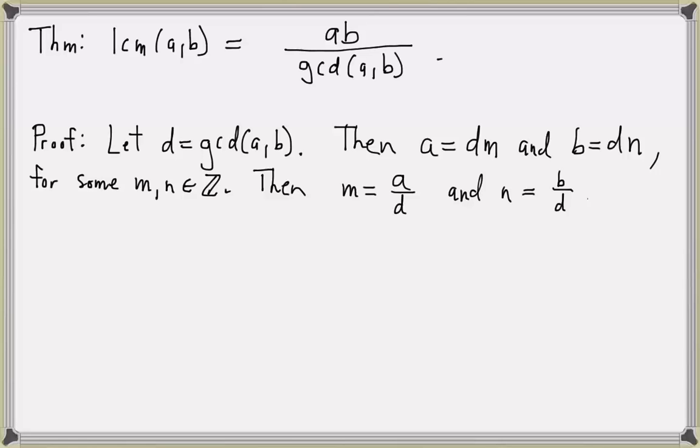In other words, the greatest common divisor of M and N must equal 1. So M and N only have one common positive divisor, namely 1.